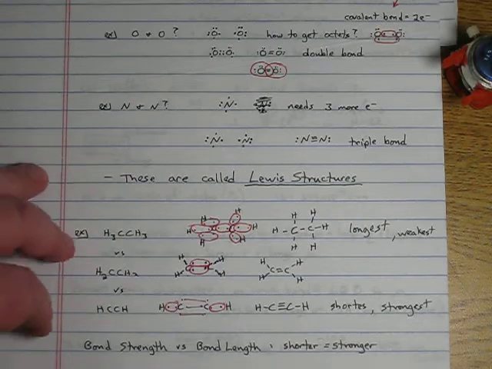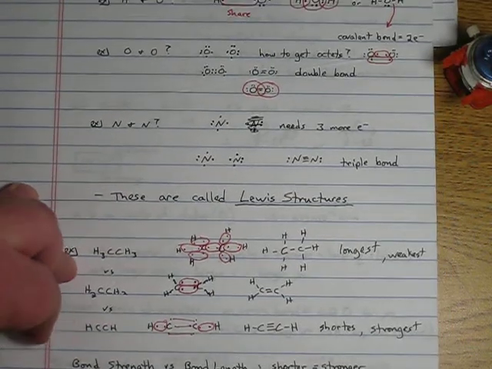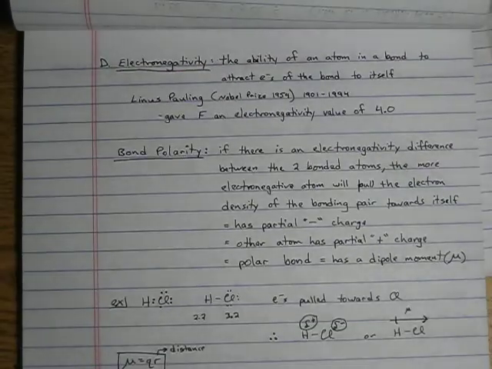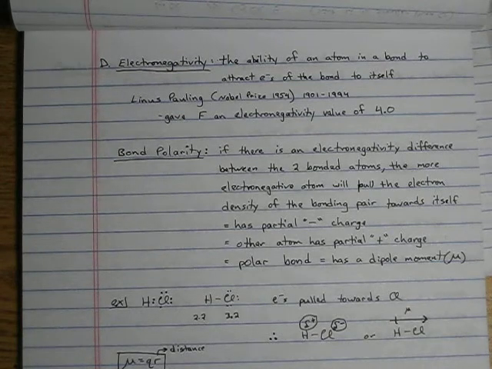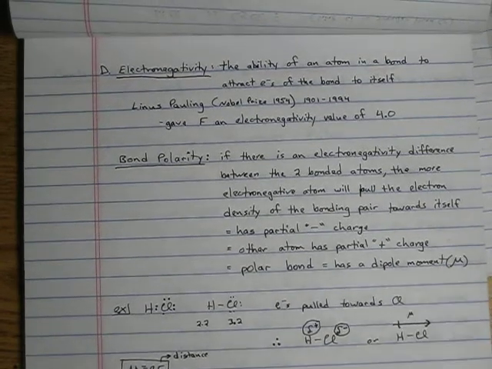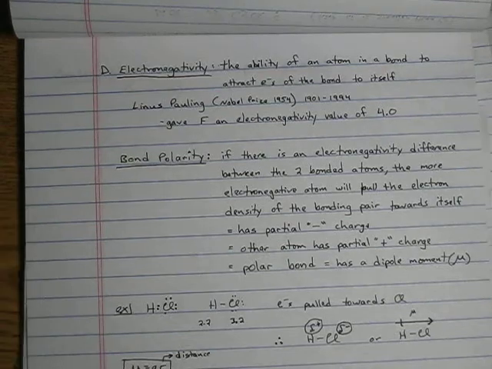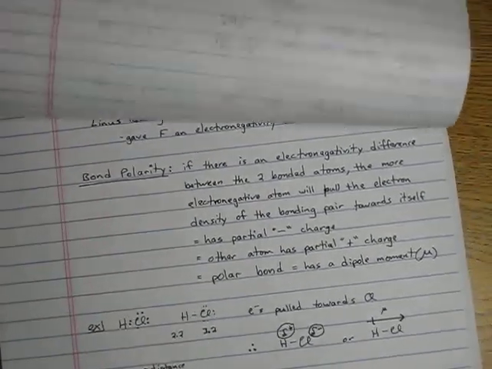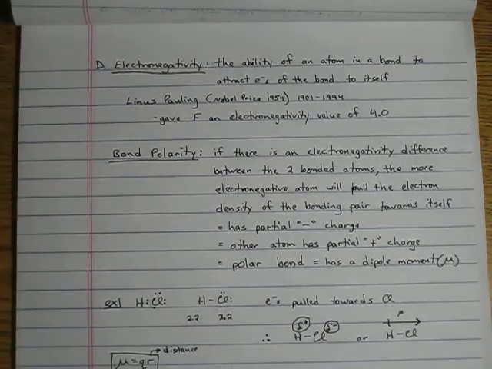Okay, let's move on to a couple more topics now. When we are talking about carbon bonding, or anything bonding to another atom, there's a concept we must look at called electronegativity.